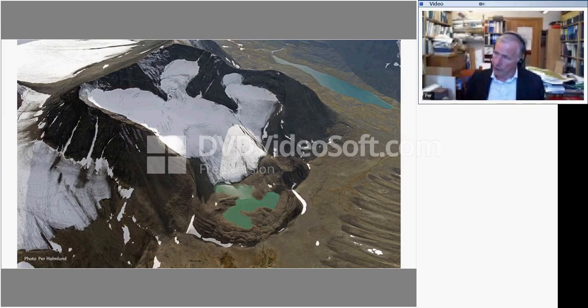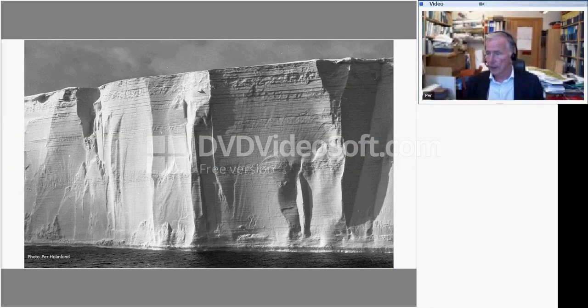And if the climate gets warmer, these moraines may melt down, and suddenly such a lake can be drained, which can be very catastrophic in mountain areas. This is a common problem in, for example, the Himalayas and the Andes.